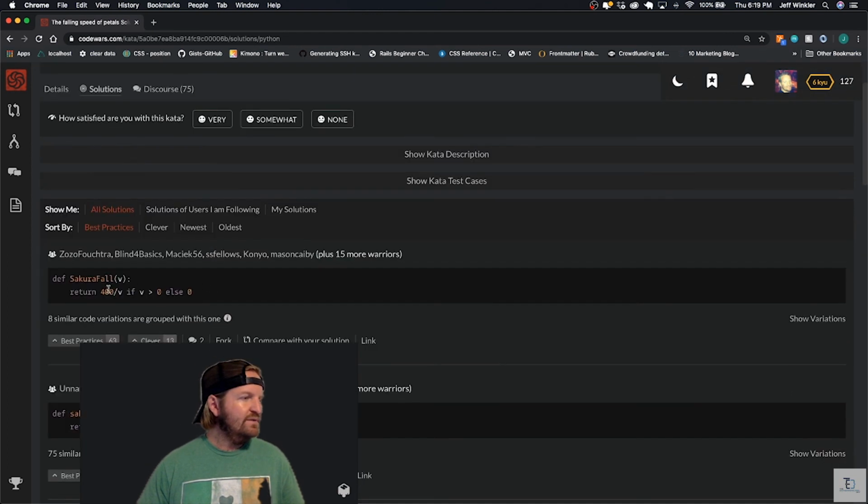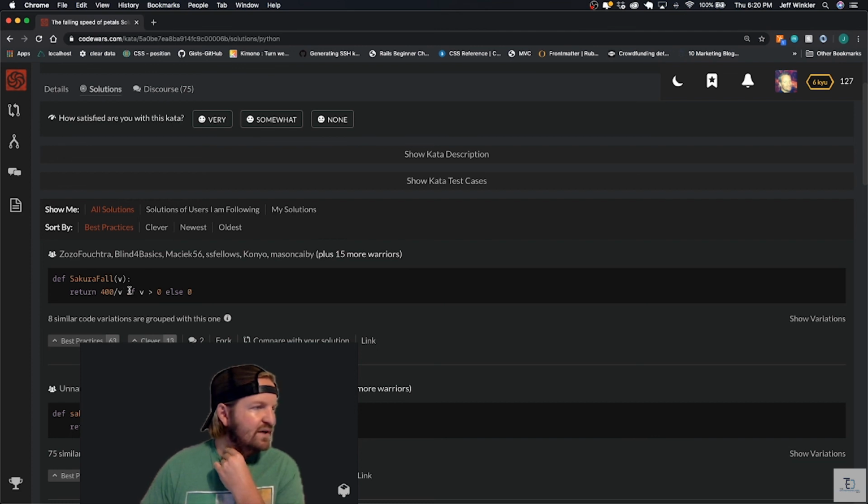All right. So the solution is return 400 divided by the speed if v is greater than 0, else 0. I just learned today when looking up the list stuff that you can do this if-else statement on one line: if it's true it returns the value on this side, else it returns what's on the other side of the else.